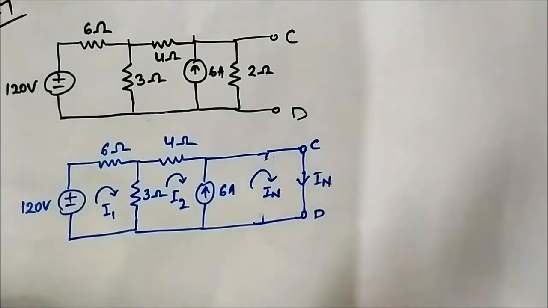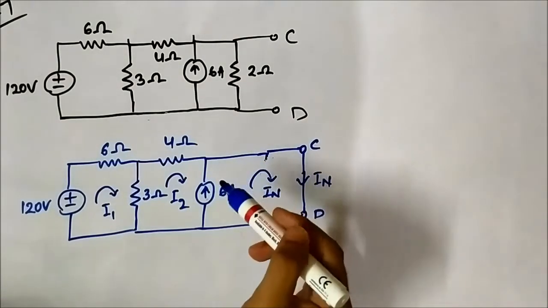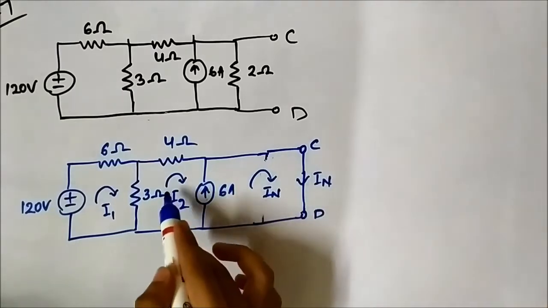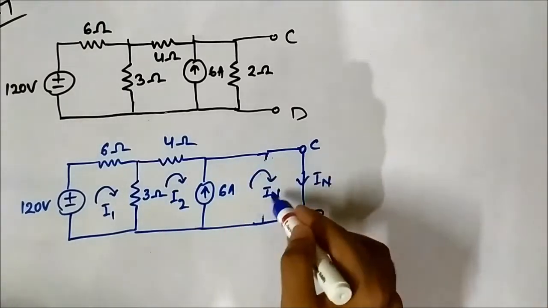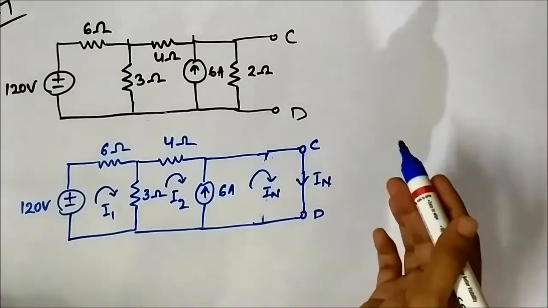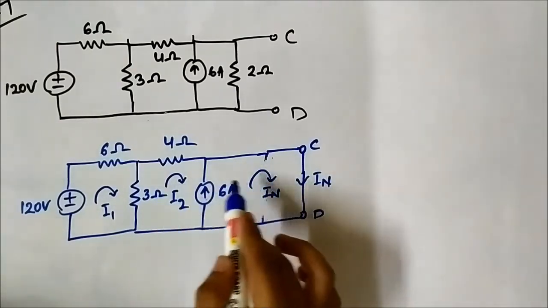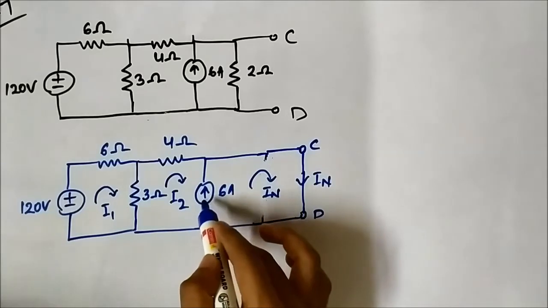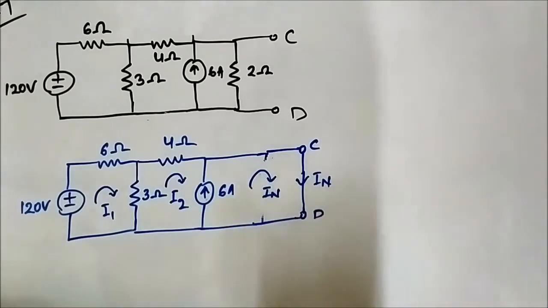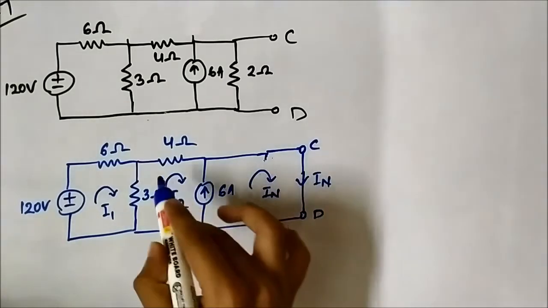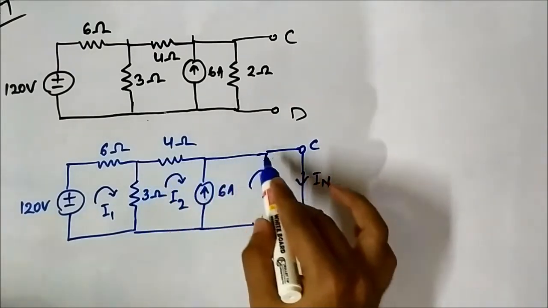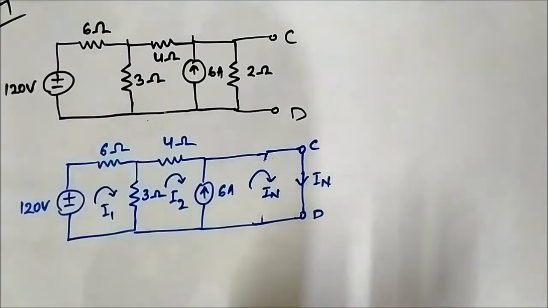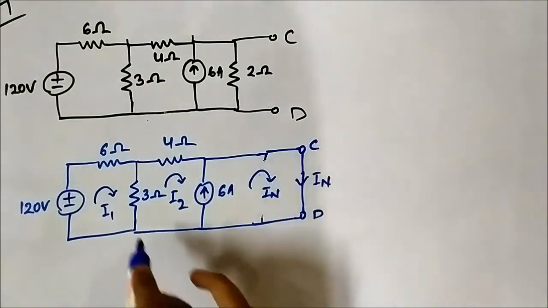Now pay attention to another important thing. Mesh 2 and mesh 3, let's say mesh 3 is the one in which the Norton current is flowing. These two meshes have an independent current source of 6 ampere in between them. So we will apply KVL to these two meshes combined together. It is a super mesh.